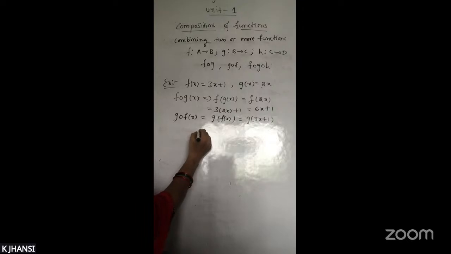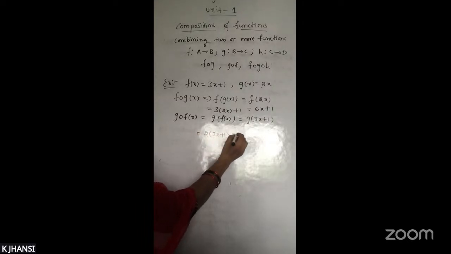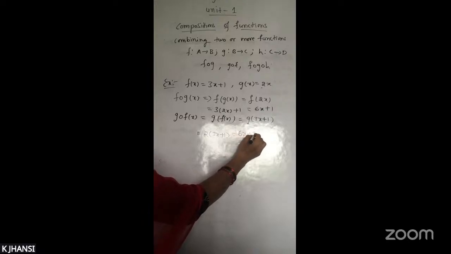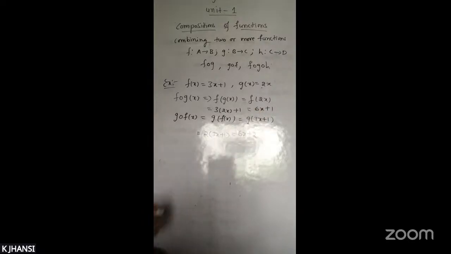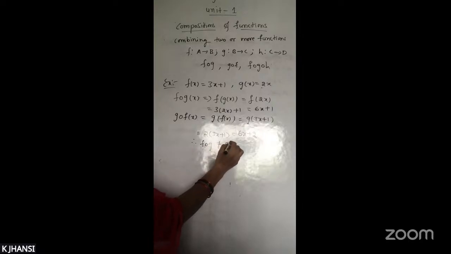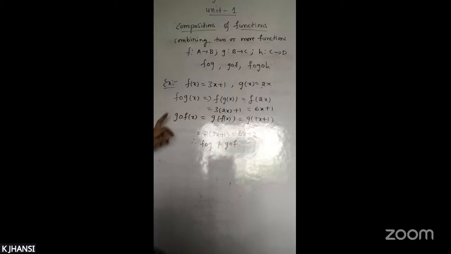It equals 2 into 3x plus 1, so 6x plus 2. Are both the same now? No, here 1 is there, here 2 is there. Therefore, we can tell f circle g is not equal to g circle f. The composition of these two will not be equal; the values will be different here.